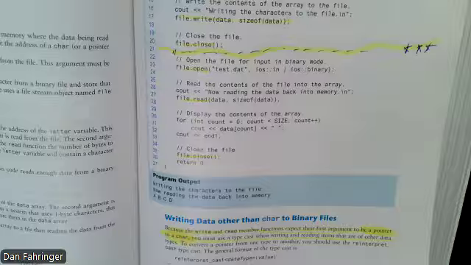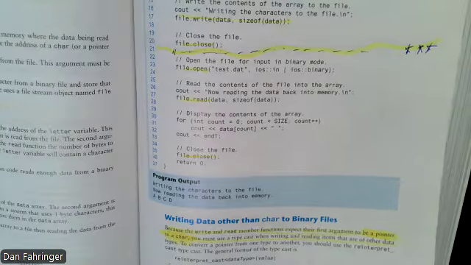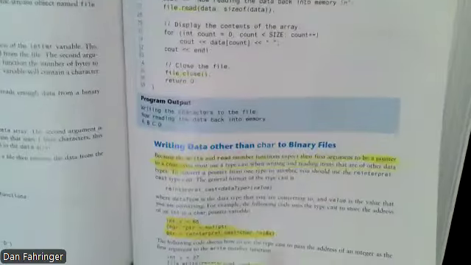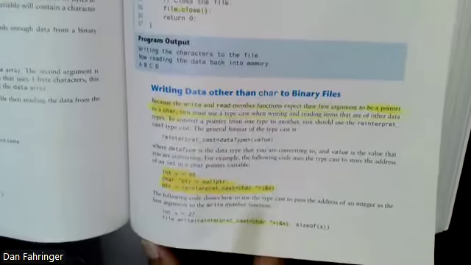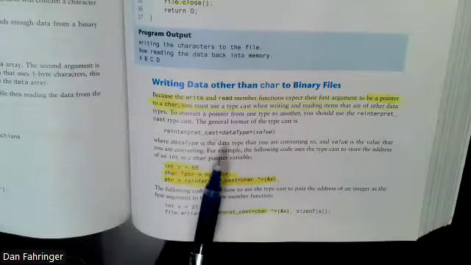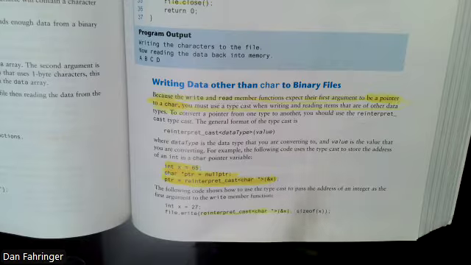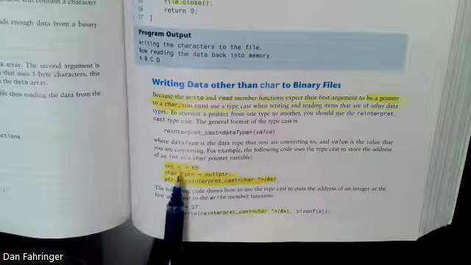Okay, for this one, it's all about the characters. But as you can see at the bottom, what happens when I want to write data other than char? I'm going to have to do a cast: reinterpret_cast, data type, value. Here's an example. I'm going to have an integer, x.